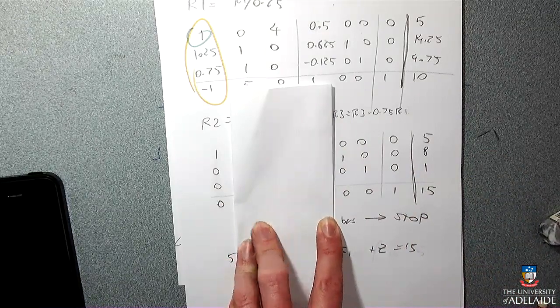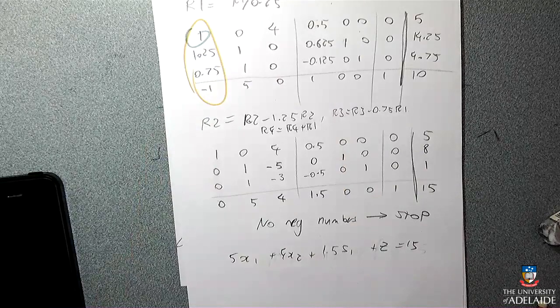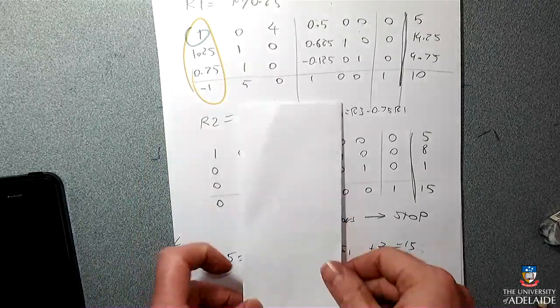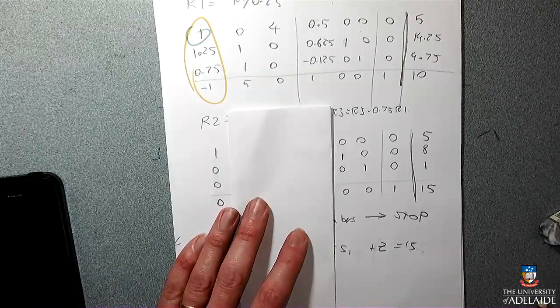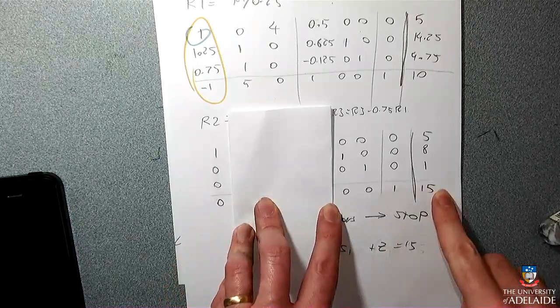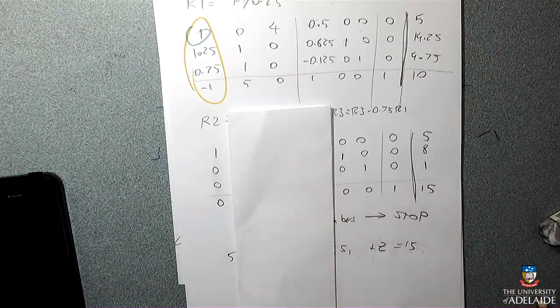Yeah. So anything in that bottom row that isn't 0, I set it to 0. And it doesn't tell me what those variables are. Those variables are 0. And that's why the z is 15. Yes, okay. Good.